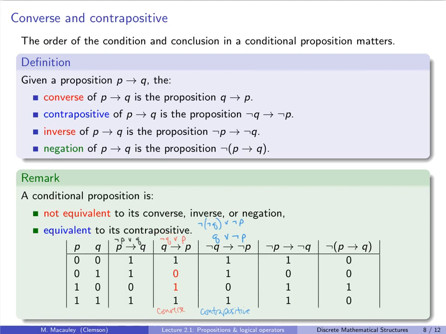Okay, now we have the inverse. Not P implies not Q. Let me switch back to red. And so this is, again, it is not this first term, so not P is P, or not Q, the second term, not Q. And one thing you can note is that is the contrapositive of the converse.